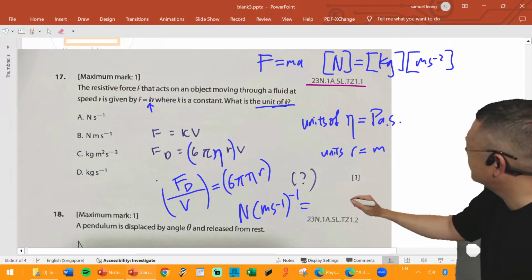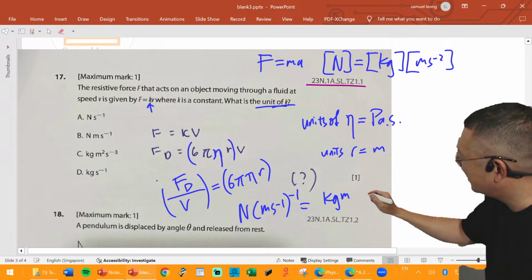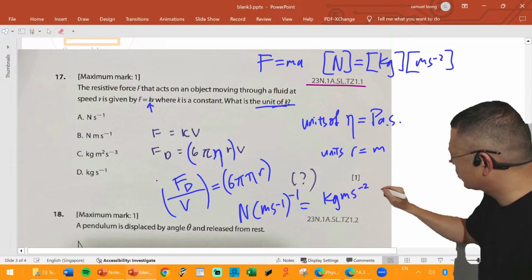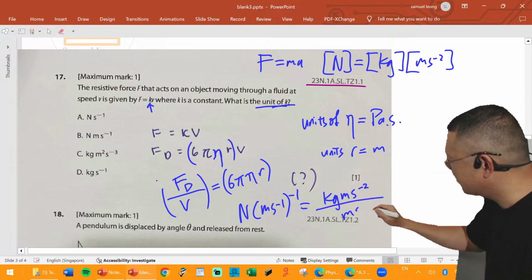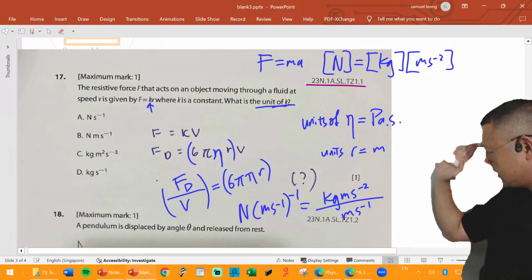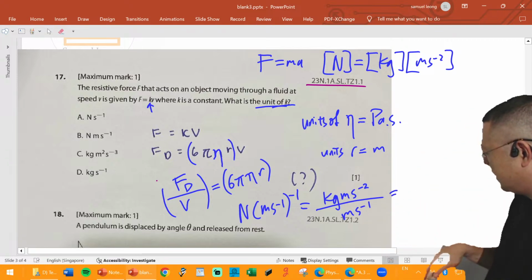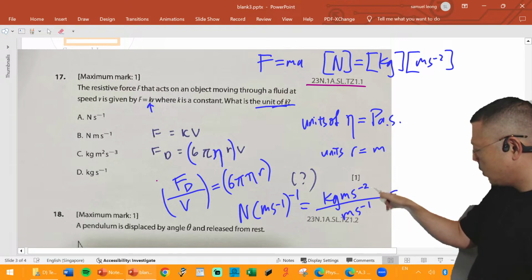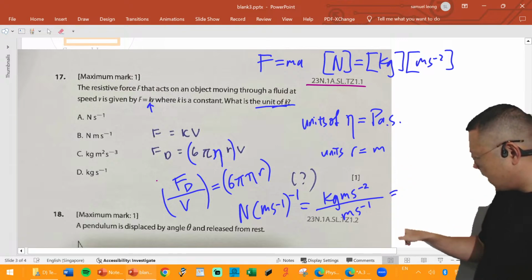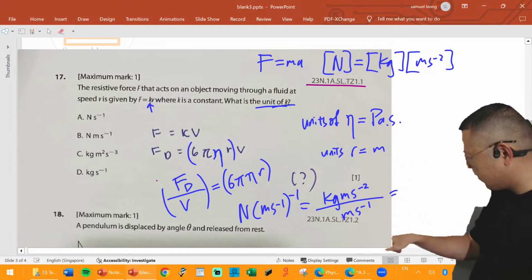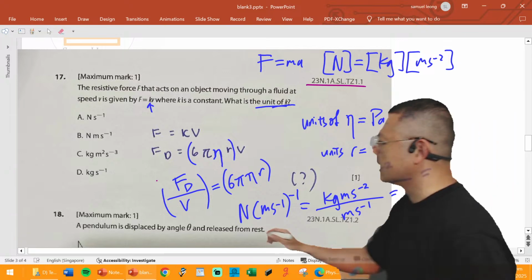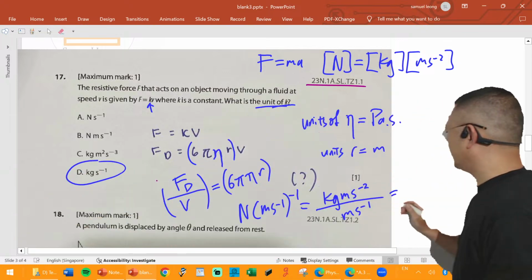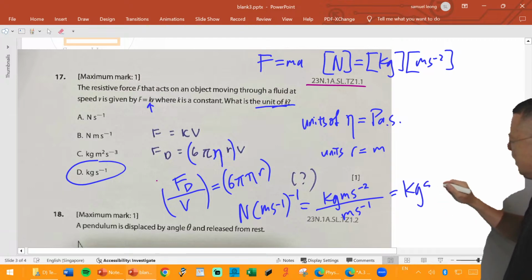We plug it in: kg m s^-2 over m s^-1. Then we simplify it. What do we get? Minus 2 minus 1 makes it minus 1. The m cancels off. Kg s^-1. D is your answer. Kg s^-1.